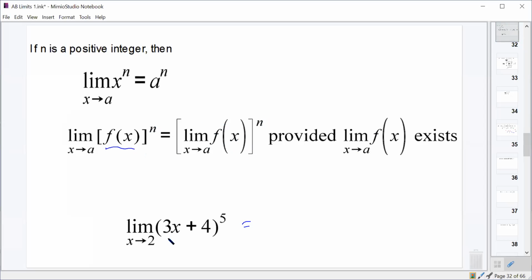So the limit as x approaches 2 of 3x plus 4 to the 5th power could be written as the limit as x approaches 2 of 3x plus 4, all raised to the 5th power, which doesn't seem very exciting or worthwhile when you have a simple little function like that. But I promise you that when we start dealing with trig functions, you're going to be very appreciative of this rule.